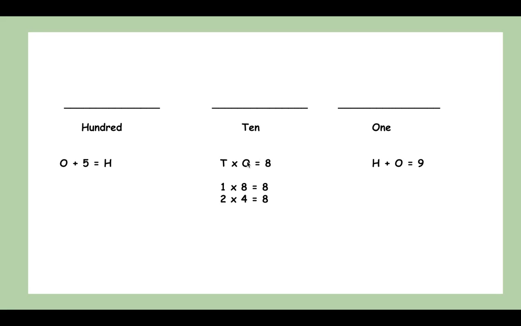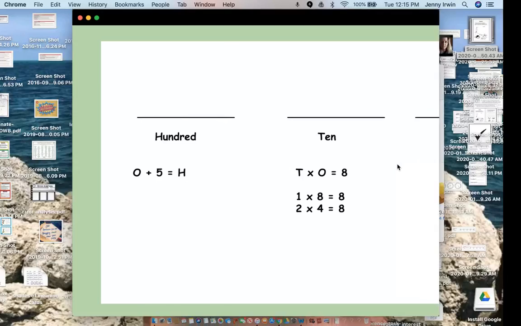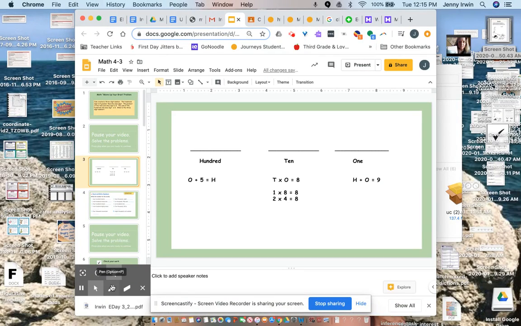So if the ones is 8, we come over here and say, let's put 8 here. That means this would be a 1. Right? Because 1 plus 8 is 9.